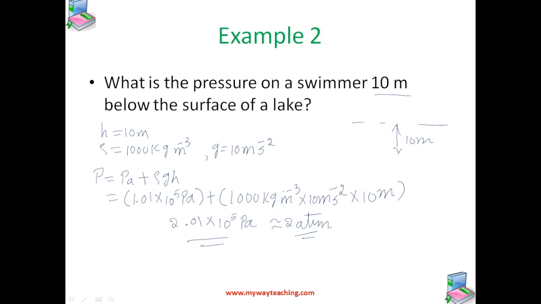So devices under the water should be designed in such a way that they are able to withstand that enormous pressure. Even submarines are designed so they are able to withstand pressures of hundreds of atmosphere.